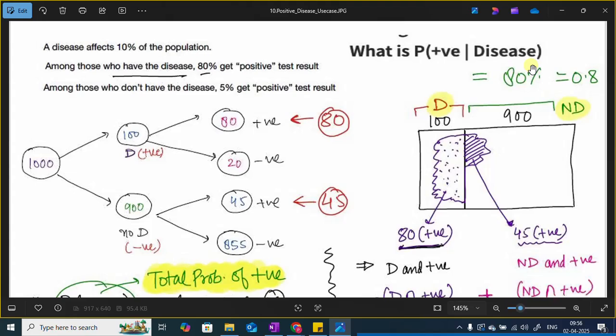Now, among the 200 people who have corona, if they undergo a COVID test, 80% got a positive test result. Among those who have the disease, meaning we assume they have the disease.